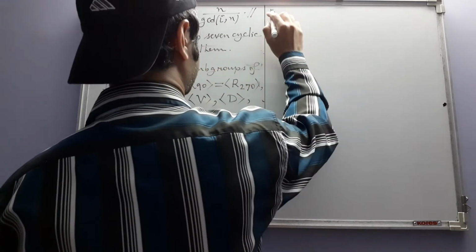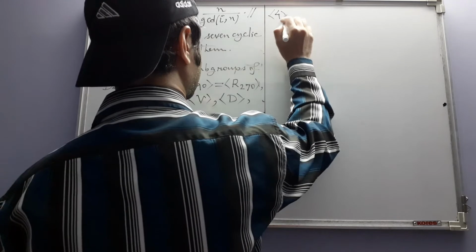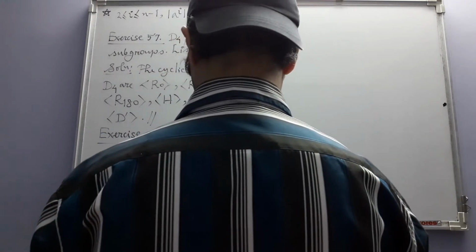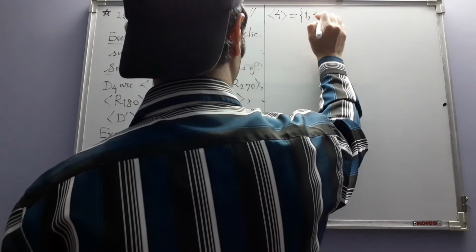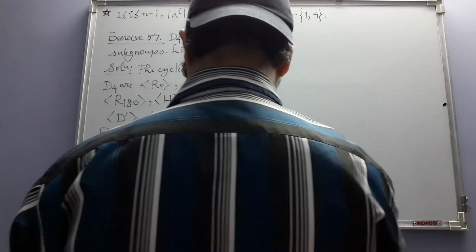Then the subgroup generated by 4, which has only 2 elements, 1 and 4.